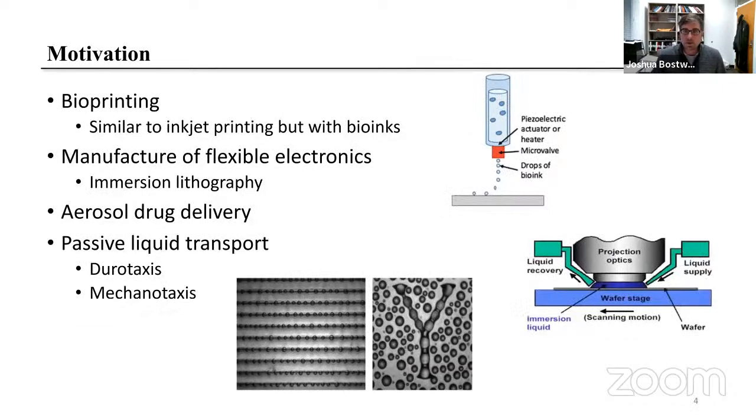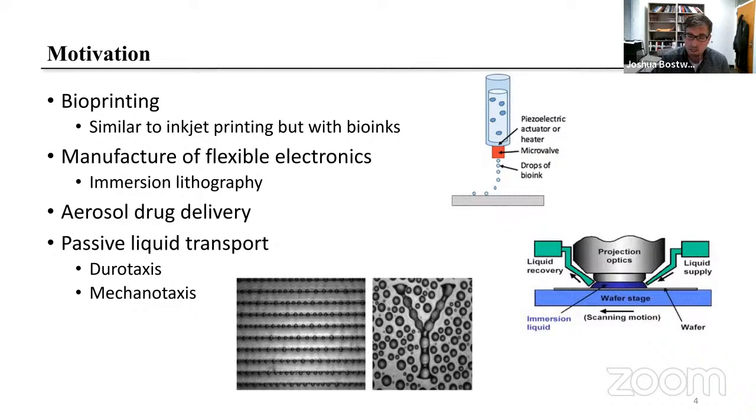So the main motivation here is a few things. One is the recent advent of bioprinting technologies. Bioprinting technologies are very similar to inkjet printing techniques, where you force a fluid through an ink head, cause it to pinch off, and deposit it on a targeted substrate. Really, the only difference between inkjet printing and bioprinting is the material that you're actually using.